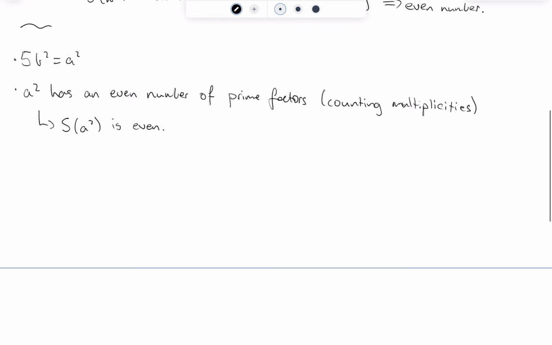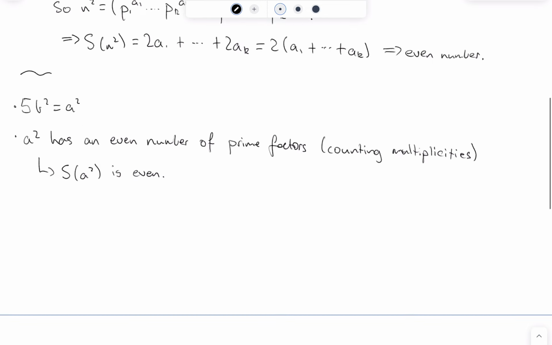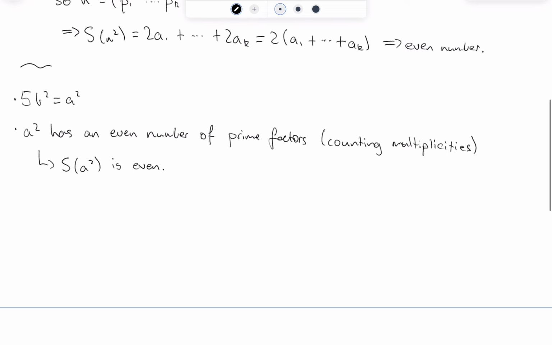And for b, just b on its own, again, that could be taken as any value, obviously non-zero, as the proof requires. So the same is true for b squared. I'll just say same for b squared, because it could have been any value. So S of b squared is also even.